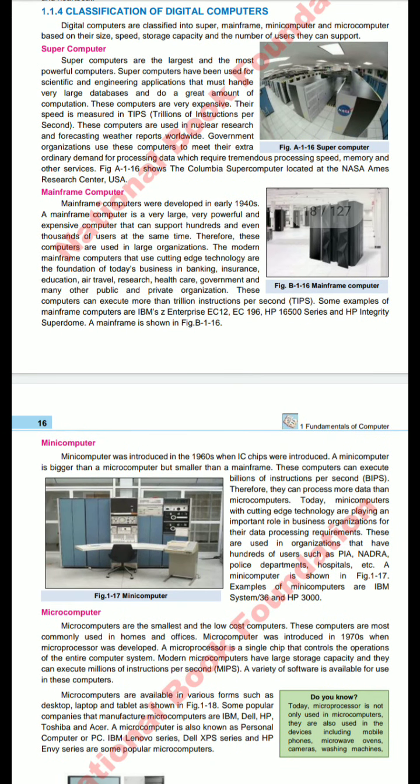Supercomputers are the largest and the most powerful computers. They are large in size. Supercomputers are used for scientific and engineering applications that must handle very large databases and do a great amount of computation.